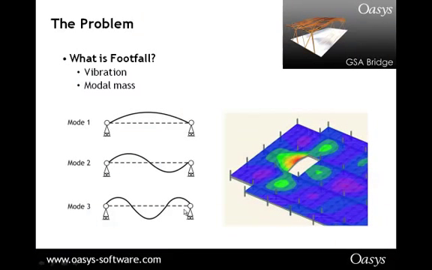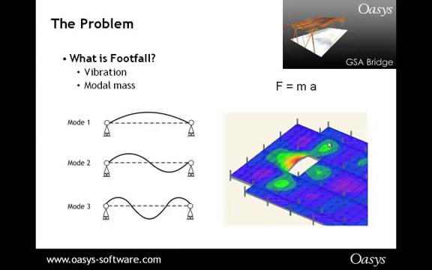Now once we have the modes, there's a thing called the modal mass that becomes important. The modal mass is essentially how much of the structure is actually being moved in that vibration. In this simple case, effectively half the mass is being moved: nothing at the ends, everything in the middle, and it works out as half.